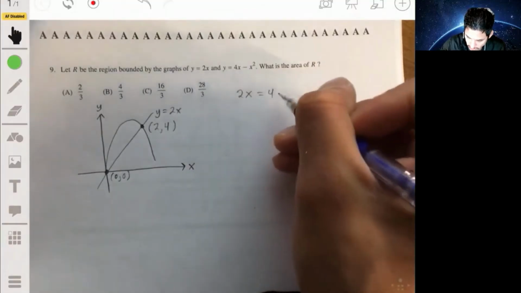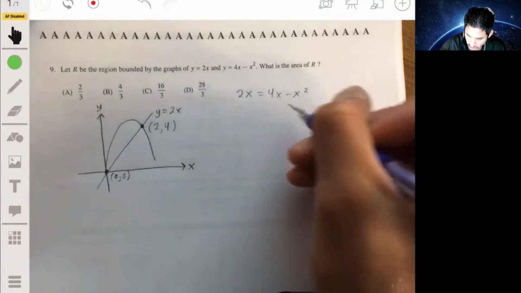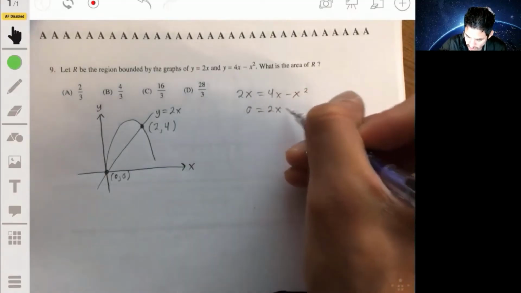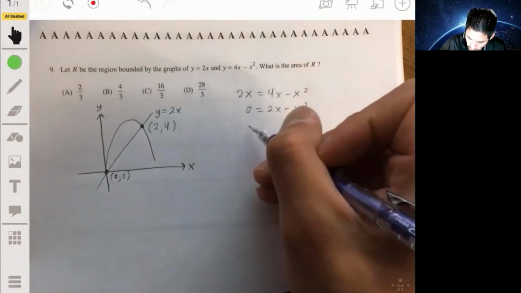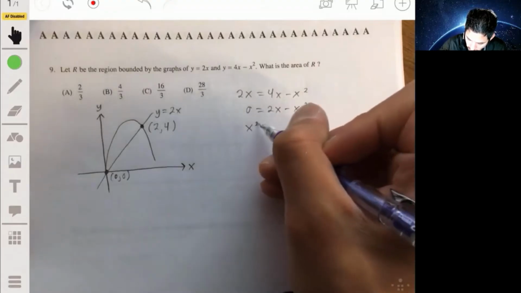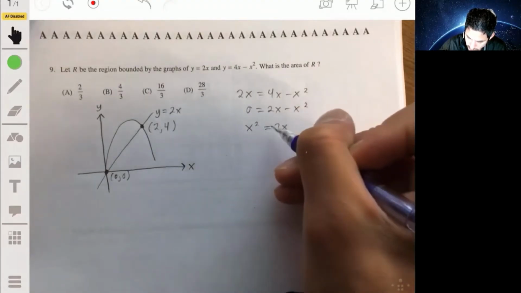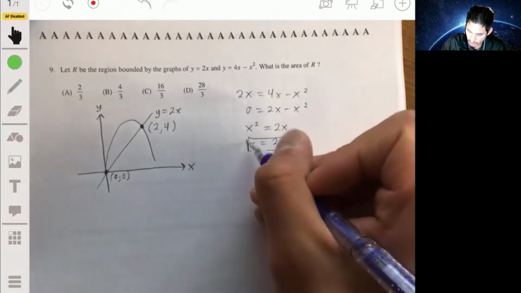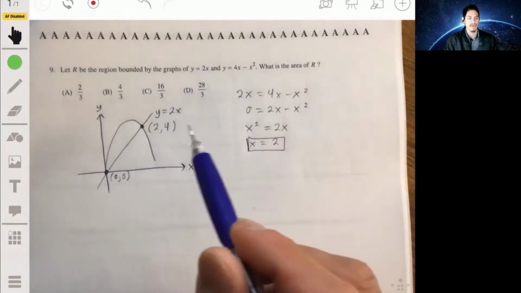You can always solve for where they're going to intersect. Set 2x equal to 4x minus x squared. You'd then get 0 equals 2x minus x squared, so x squared equals 2x, and x equals 2. Now, on your exam, they're going to make the numbers very easy to work with.